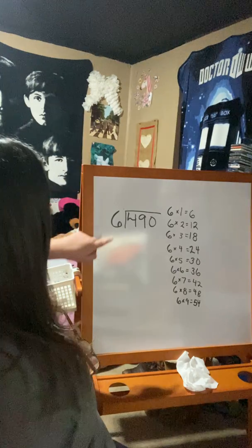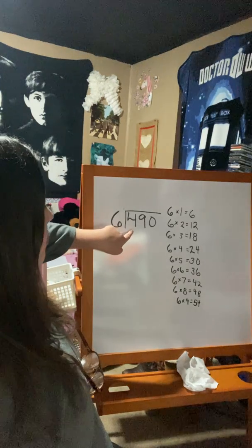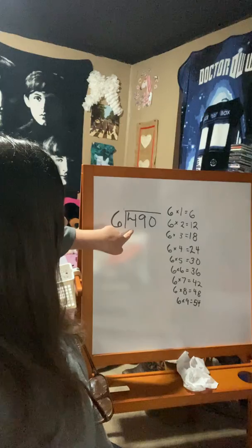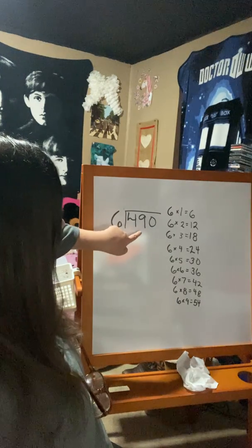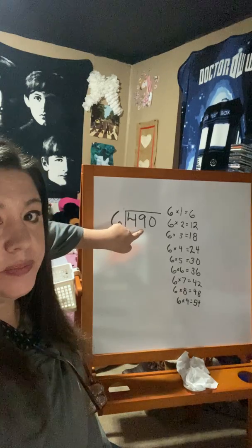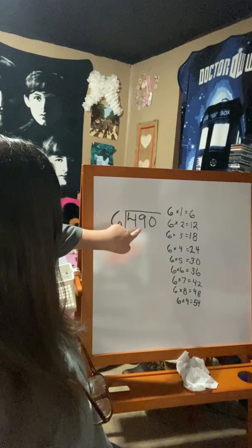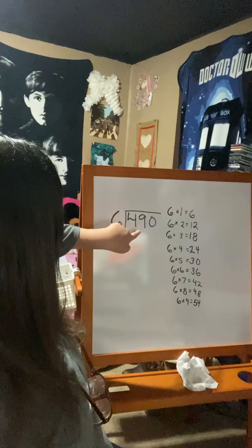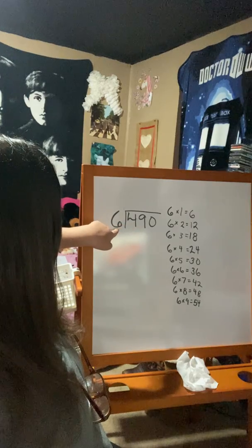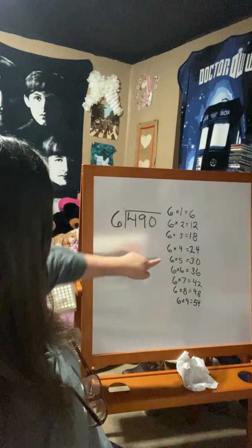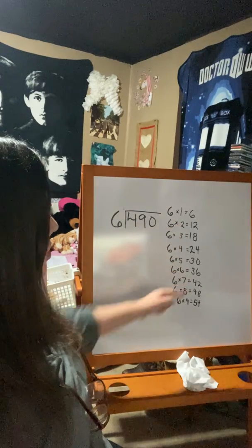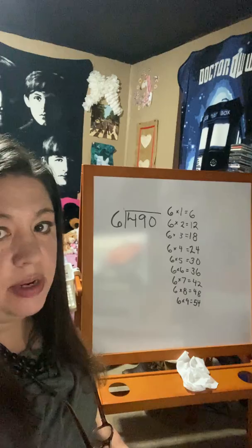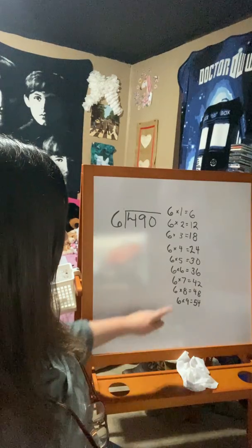Okay, so will 6 go into 4? No, 4 is not divisible by 6 because 4 is smaller than 6. So we have to look at these two numbers. Will 6 go into 49? Yes, you can divide 6 into it, but it doesn't go evenly into 49. There is no number where 6 times that number equals 49.